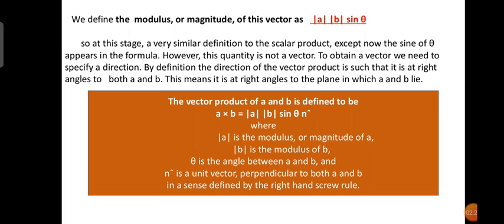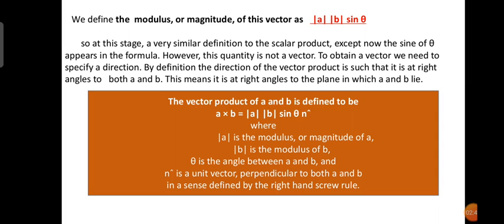The vector product of A and B is defined to be A cross B. The scalar product is A dot B, and the vector product is read as A cross B, which is equal to modulus of A into modulus of B into sine theta into n cap.